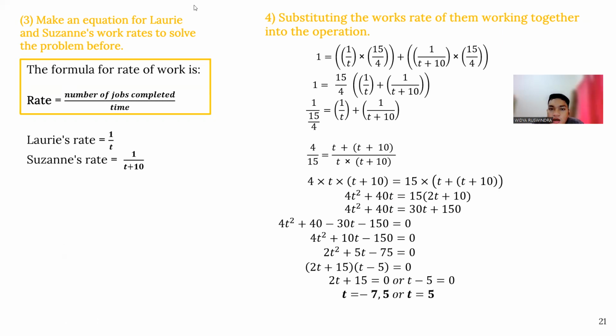1 equals (1 per t) times 15/4 plus (1 per t plus 10) times 15/4.